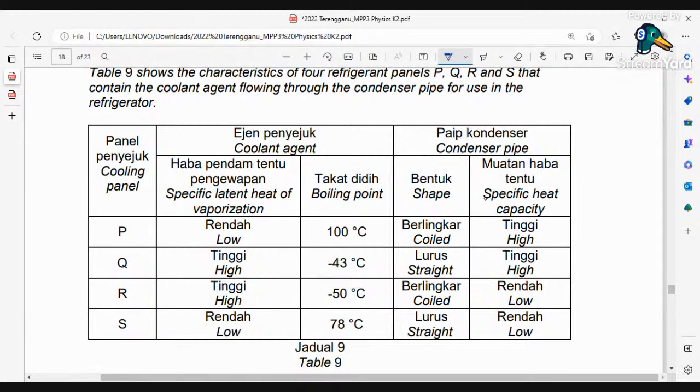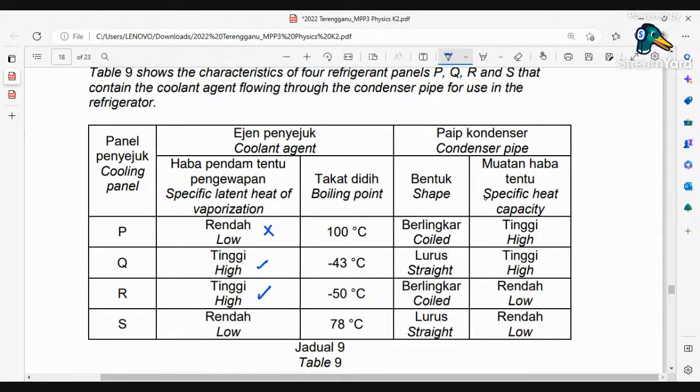For specific latent heat of vaporization, we want the cooling agent to be able to absorb a large amount of heat energy. Okay, so the specific latent heat of vaporization should be high.